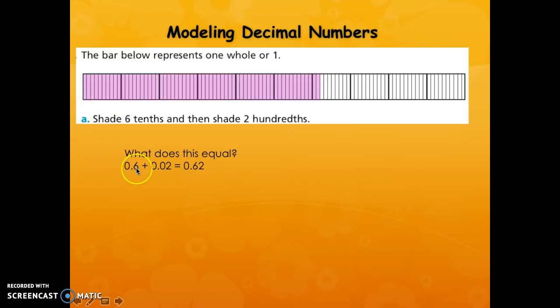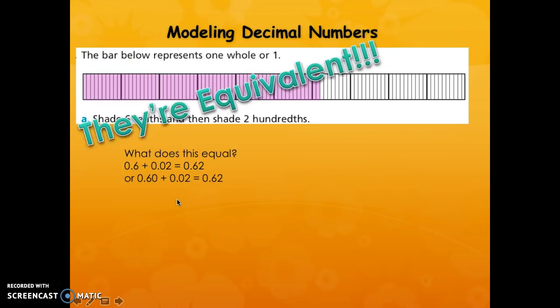Well, 6 tenths plus 2 hundredths. Altogether, we would have 62 hundredths. So those two things are equal. 6 tenths and 2 hundredths is the same as 62 hundredths. So if we counted each of these up, we would have 10, 20, 30, 40, 50, 60 hundredths plus 2 hundredths, or 62 hundredths. So what I'm trying to show you is that 6 tenths is the same as 60 hundredths. They're equivalent.